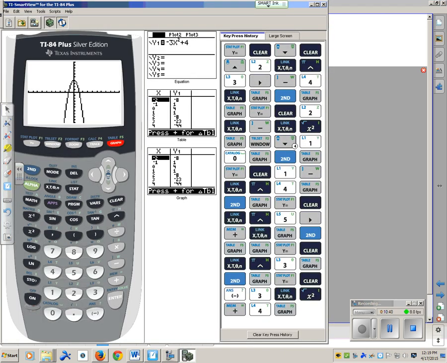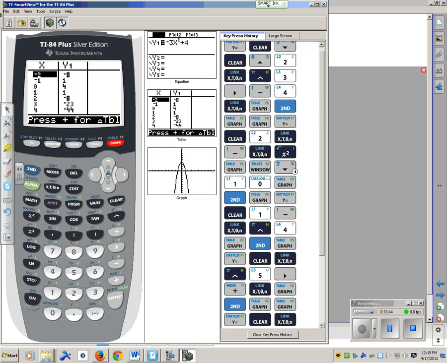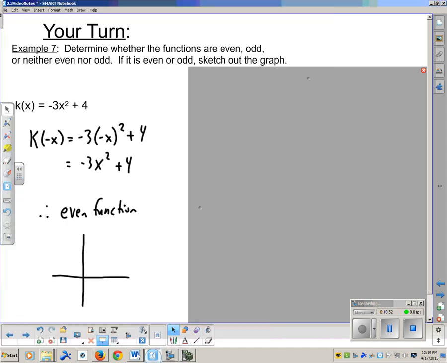So I can see I've got some nice ordered pairs there. I've got 0, 4, negative 1, 1, and 1, 1.